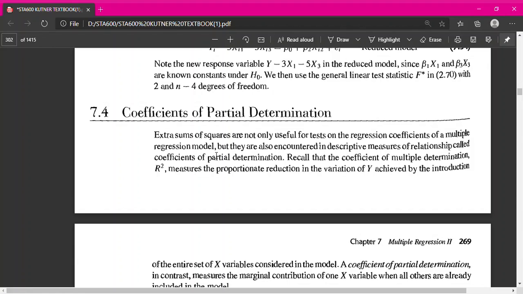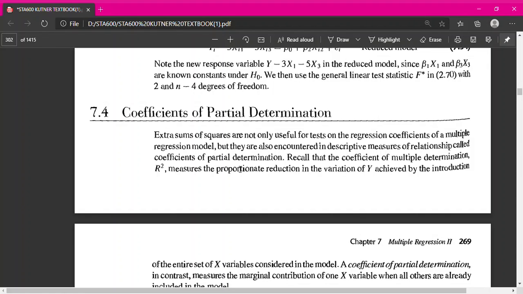As we know before this, we can use the extra sum of squares to check whether the added variable gives a contribution to the model or not, and whether that new variable should be added or dropped from the model. But there is also another descriptive measure of relationship called the coefficient of partial determination.